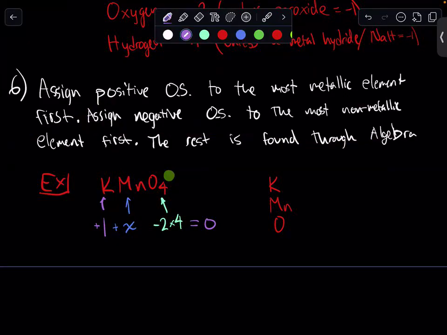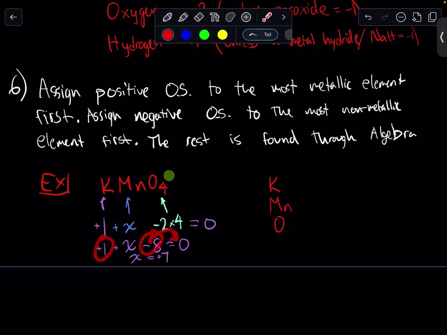So when I sum them up, I get +1 plus X minus 8 equals 0. X is equal to +7. So this is just algebra. I combined 1 and -8 to make -7, brought it to the other side to make it +7. So our oxidation state for potassium is +1, for manganese is +7, and for oxygen it's -2.